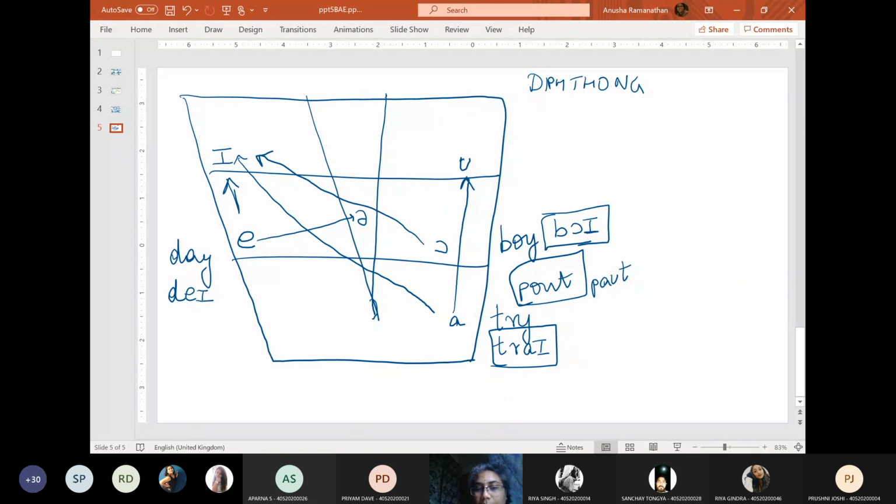And that is your next aspect in terms of diphthongs, which is your pair or hair, and the other one is pair, hair.